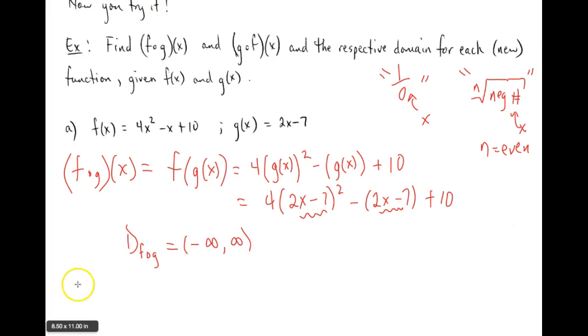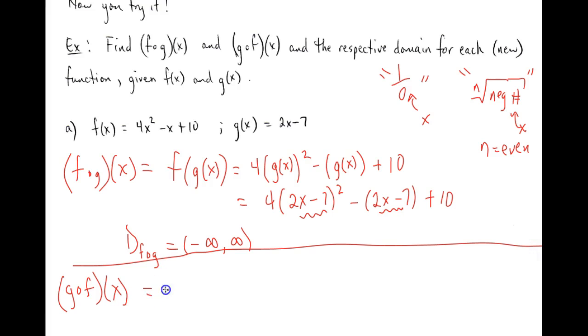Okay. So now let's look at g of f of x. Let's do some separation here. So now everything's in reverse. So now what we're going to do is take our function f and stuff it into g. So this would be 2 times f of x minus 7.